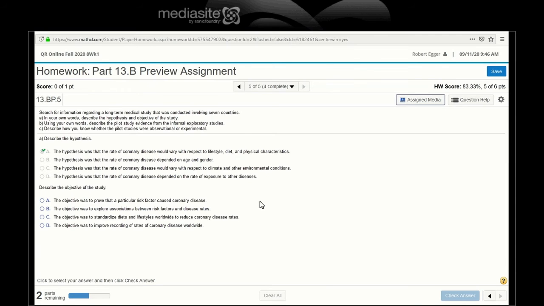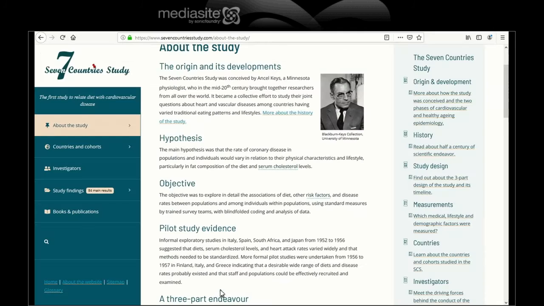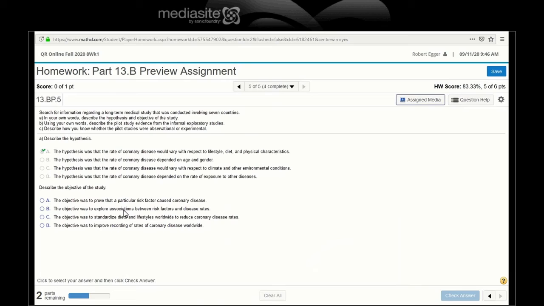Describe the objective of the study. Well, the objective was to explore in detail the association of diet, other risk factors, and disease rates between populations and among individuals within populations, using standard measures by trained survey teams, observational, with blindfolded coding and analysis of data. Objective was to prove that a particular risk factor caused coronary disease?